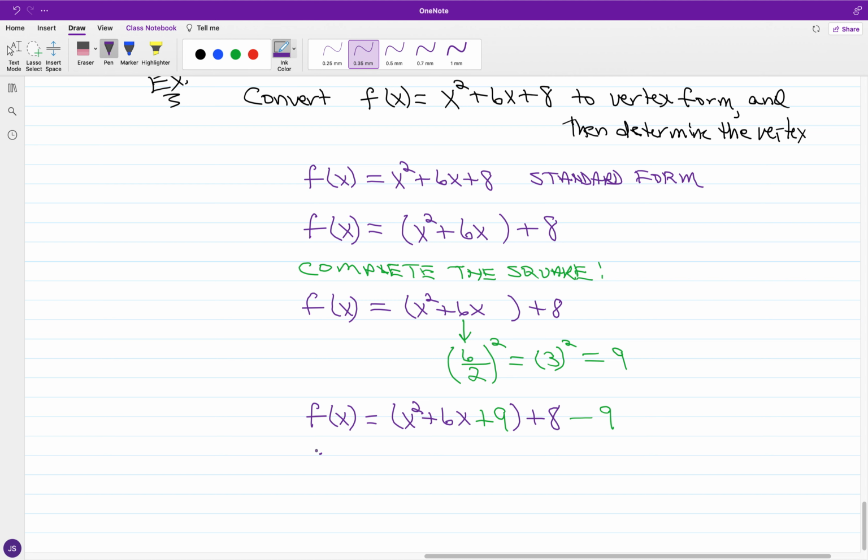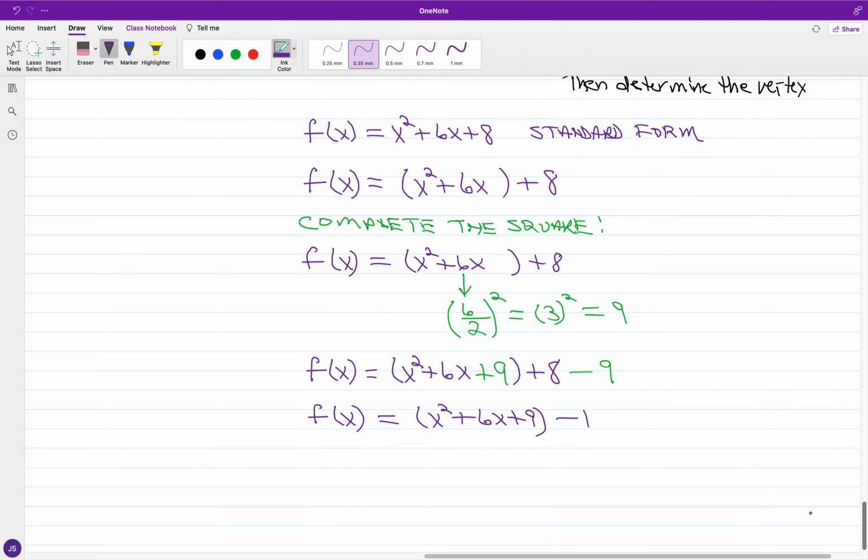So we have now f of x is equal to x squared plus 6x plus 9. And 8 minus 9, okay, that is going to be negative 1.